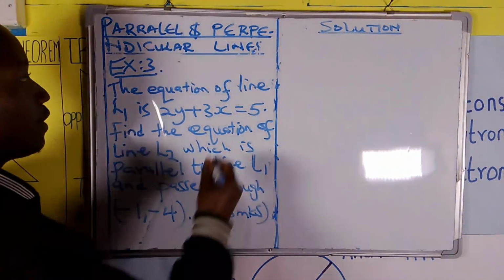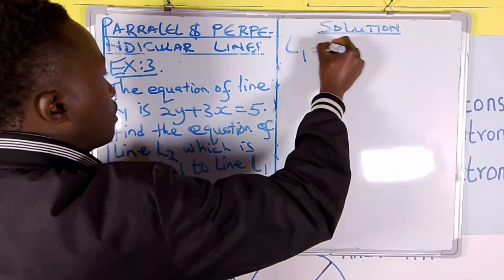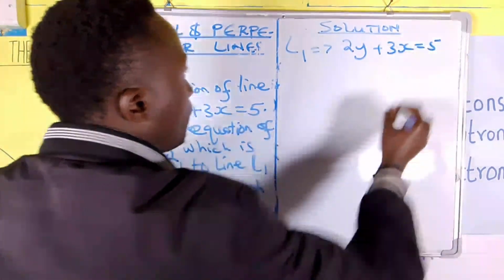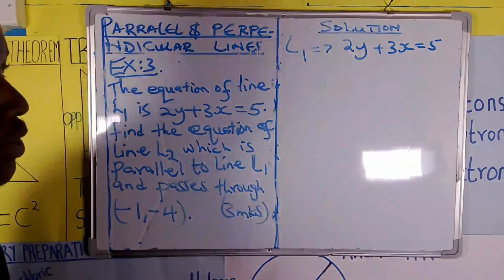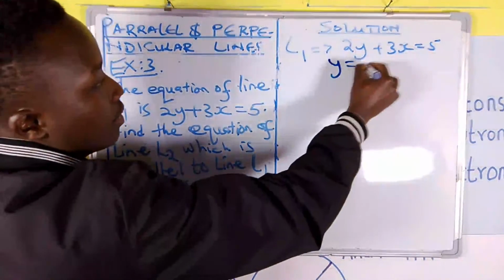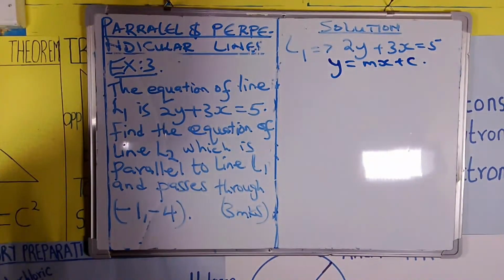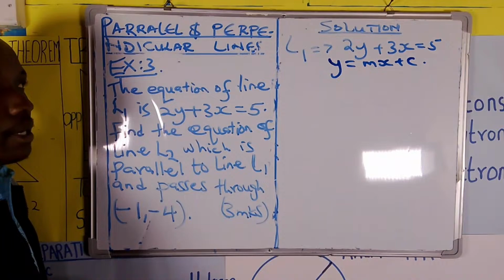Given the equation of line 1 as 2y plus 3x is equal to 5, we need to write our equation in the form y is equal to mx plus c.